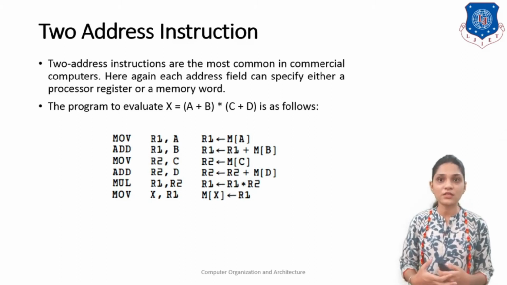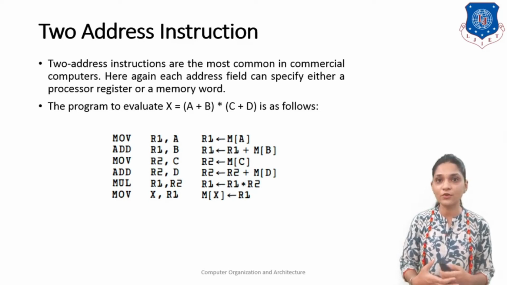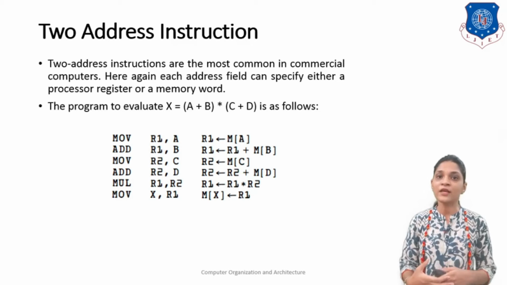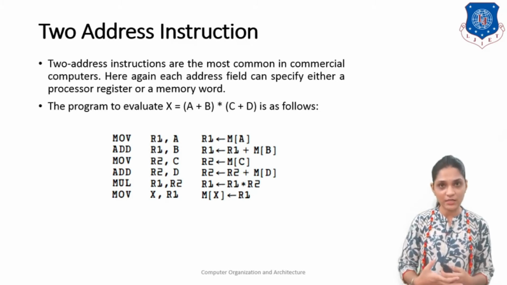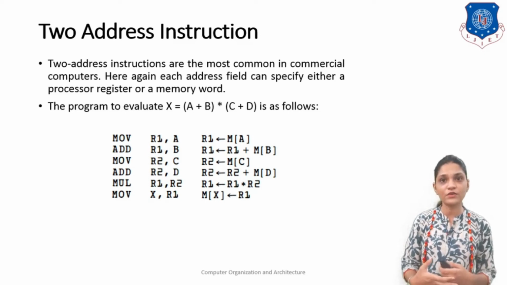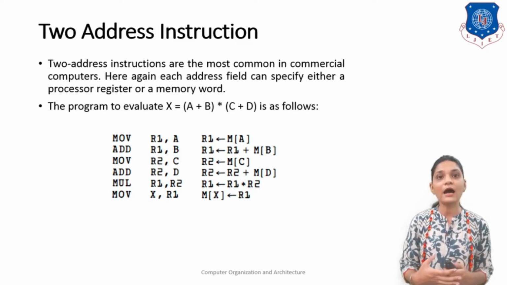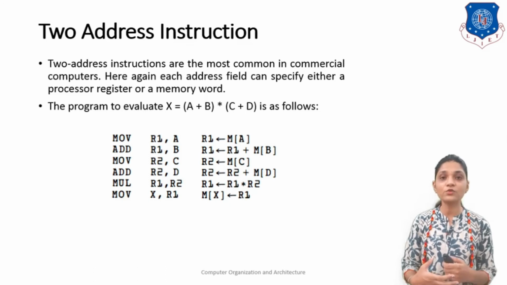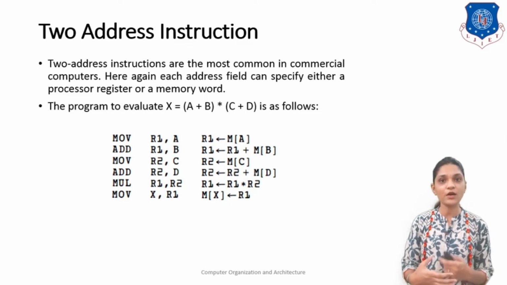Then we will use instruction ADD R2, D that will add the content of memory location D and register R2, and the result is going to be stored at location R2. Then we will use the multiplication operation. For that we will use instruction MUL R2, R1. It will do the multiplication of R1 and R2 and the result will be stored at location R1.